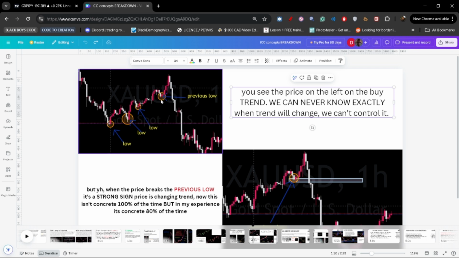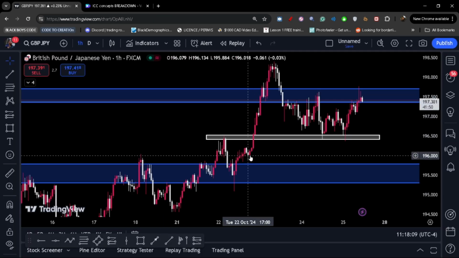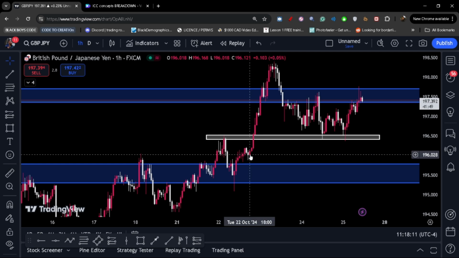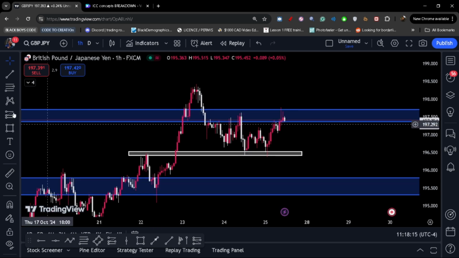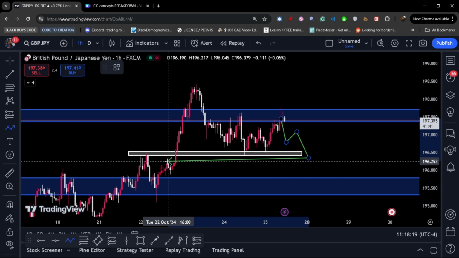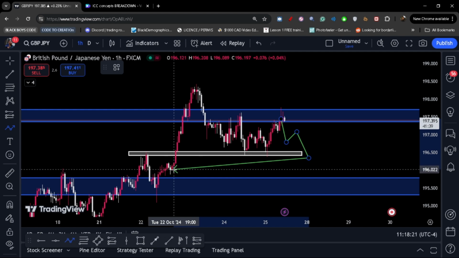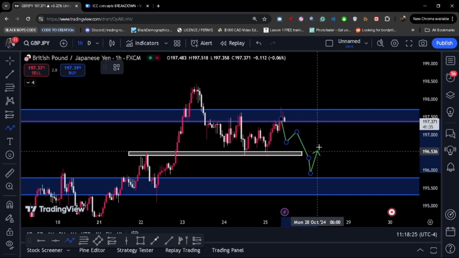When you know where the previous low is and price breaks that previous low, then you anticipate a sell downwards. Really that simple. In this case, this was the previous low right here. So price has to sell all the way down here and close below this body for the trend to be officially sells.